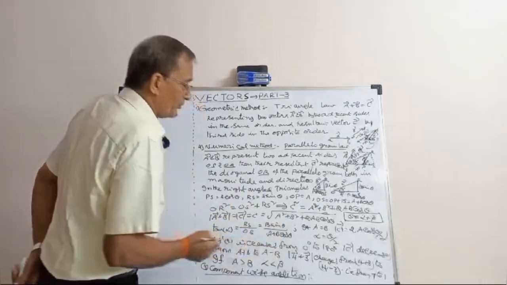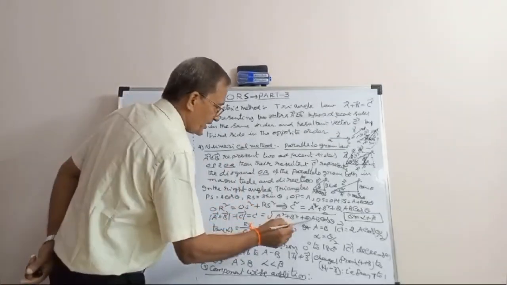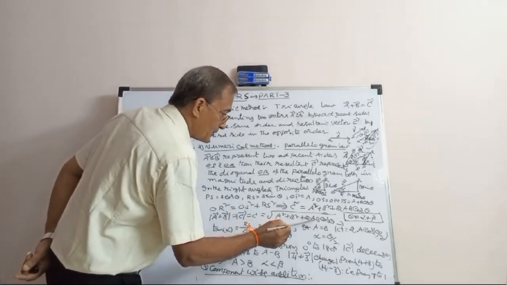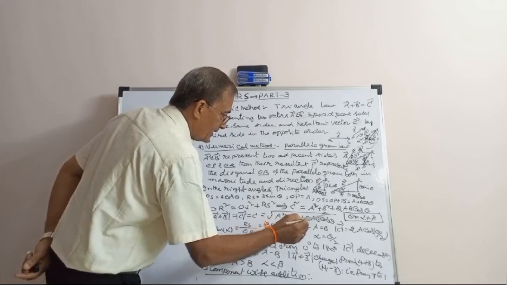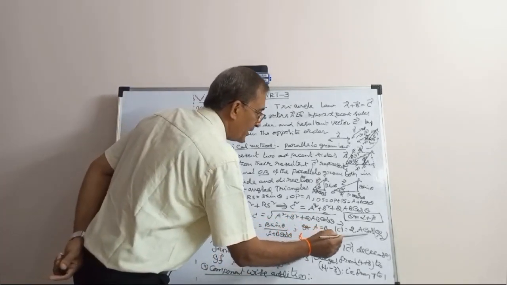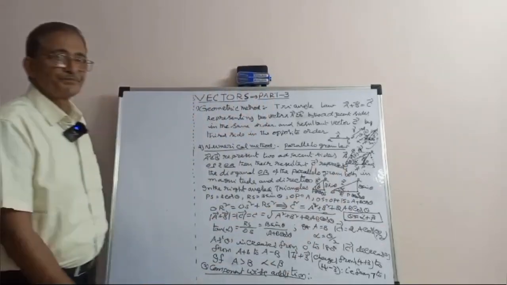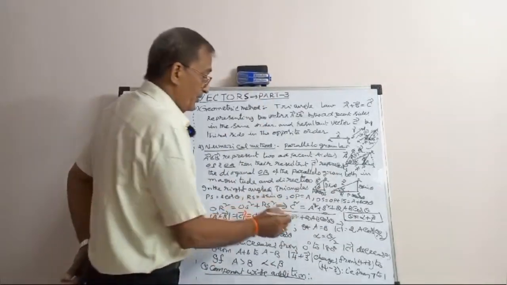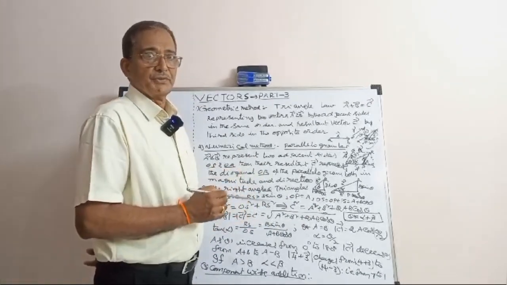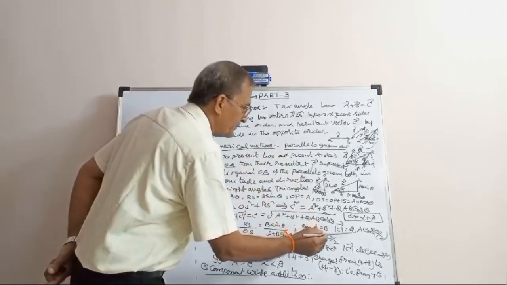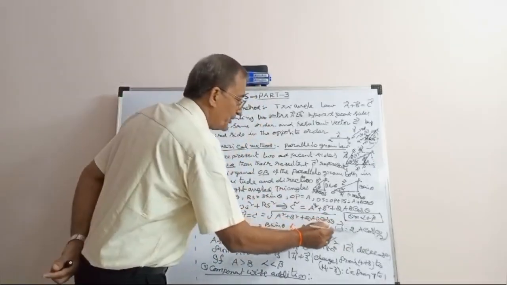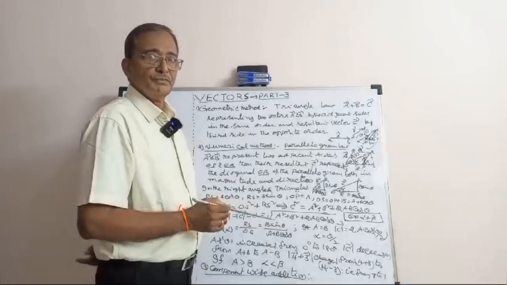So, if A is equal to B, then in this big equation, by substituting A square instead of B square, and also A instead of B, we will get a simplified equation for the modulus of the resultant, which is 2A cos theta by 2. So, when you are going to measure the resultant of two vectors of the same magnitude, you can use the simplified formula rather than this big formula, which is 2A cos theta by 2.